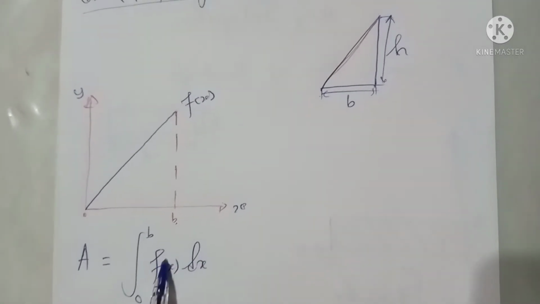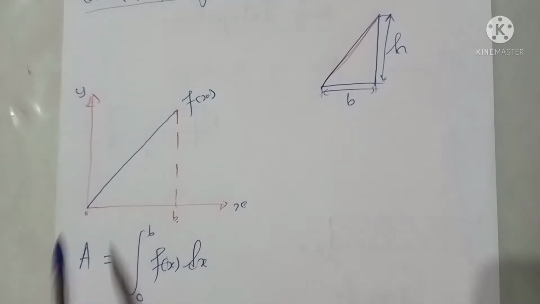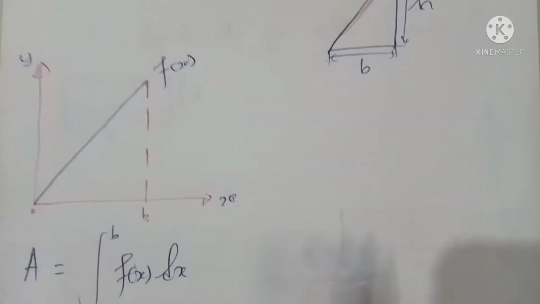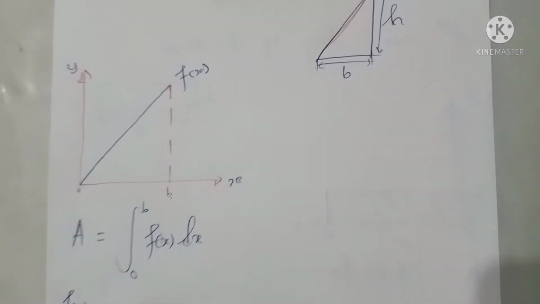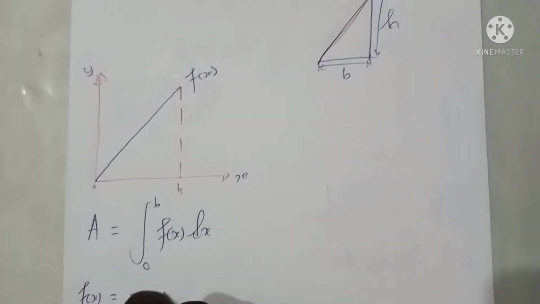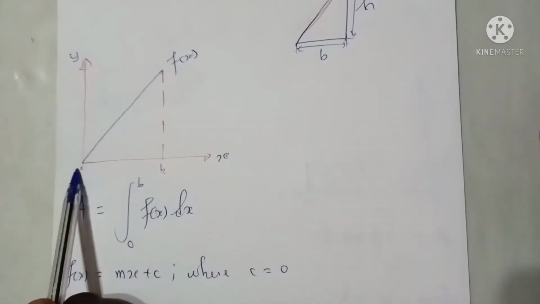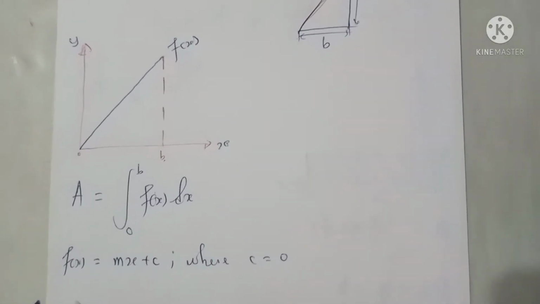But now, what is f of x? F of x is an equation of a straight line with the intercept at 0. So say f of x is equal to mx plus c, where c is 0, as you can see. But now, how do we get m?